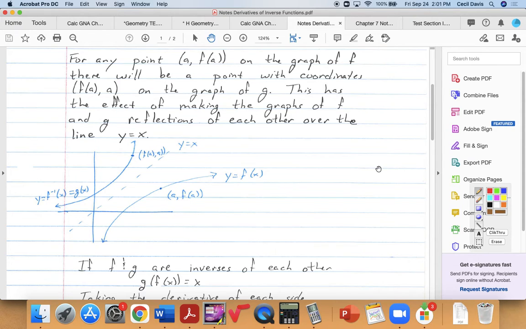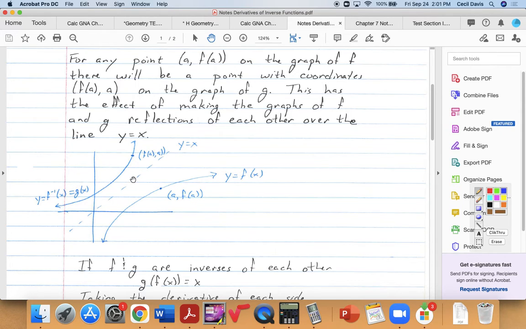This has the effect of making the graph of f and the graph of g reflections of each other over the line y equals x. So it might look something like this. By the way, this looks a little bit like a logarithmic function, and this is a little bit like an exponential function, which are inverses of one another. And if you have the point a, f of a on this, you have the point f of a, a on this one.